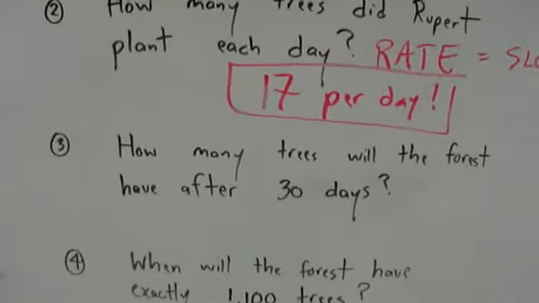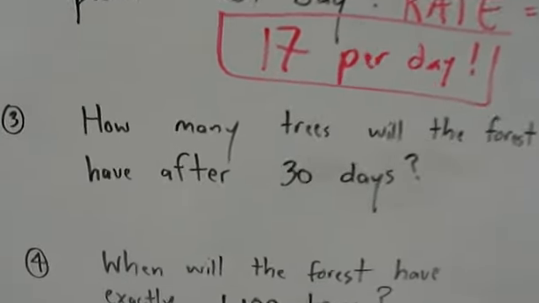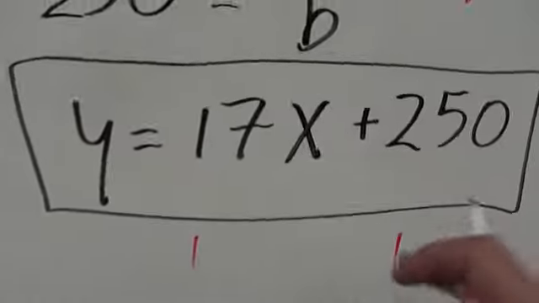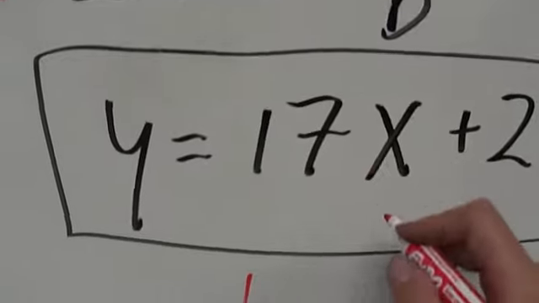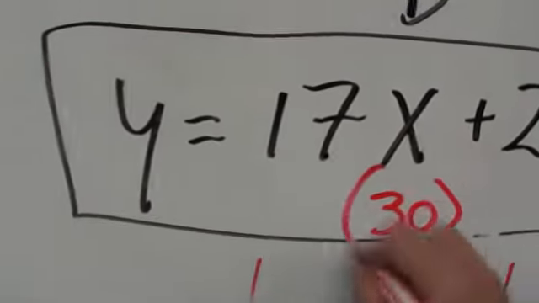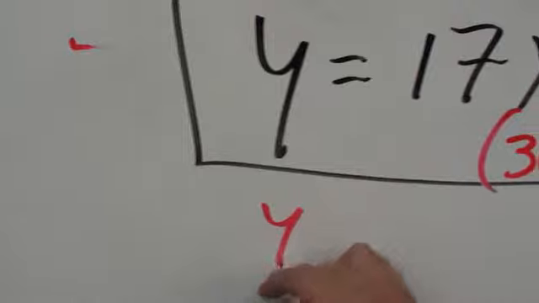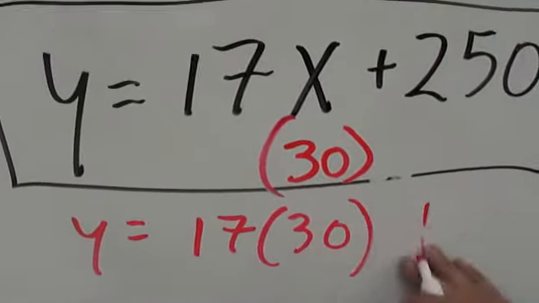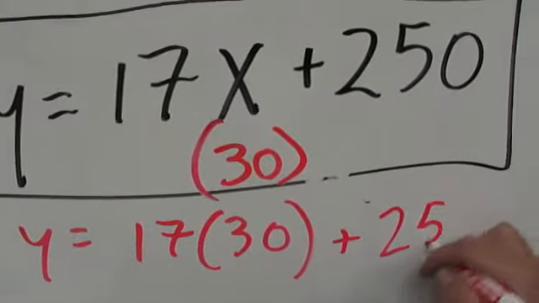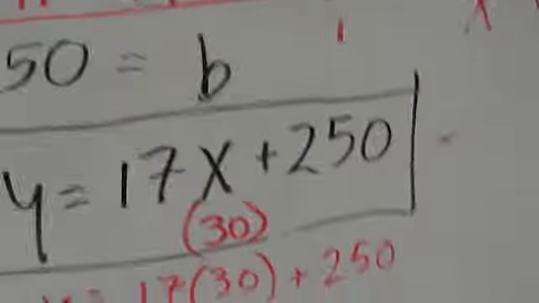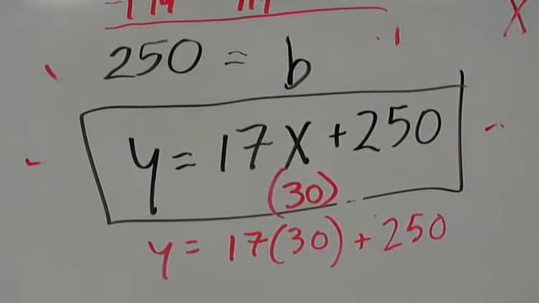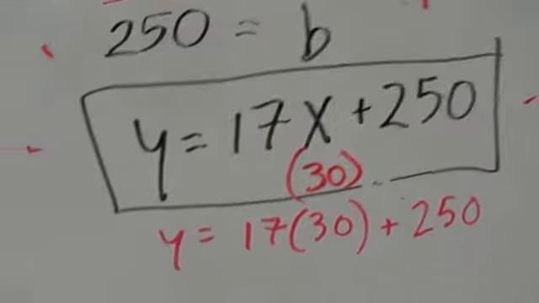Now here's the question. How many trees will the forest have after 30 days? Okay, so the number of days we said was represented by the X value. So we want to plug in a 30 there, right? So we have Y equals 17 times 30 plus 250. So 17 times 30, I'm going to use my calculator again. 17 times 30 equals 510.